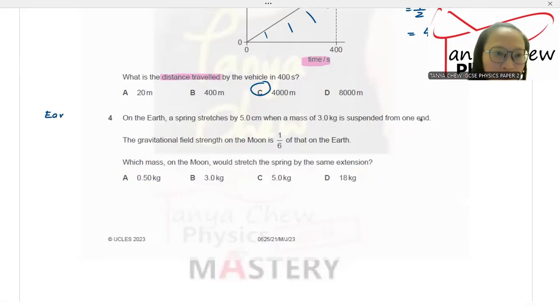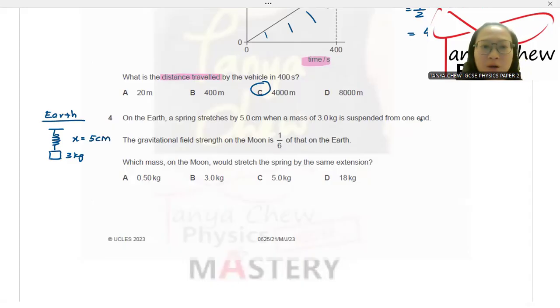This is on the earth. This is a spring, and this is a mass, which is 3 kilograms, and the extension given is 5 cm here. And this is the moon. The gravitational field strength of the moon is equal to 1/6 of the gravitational field strength of earth.